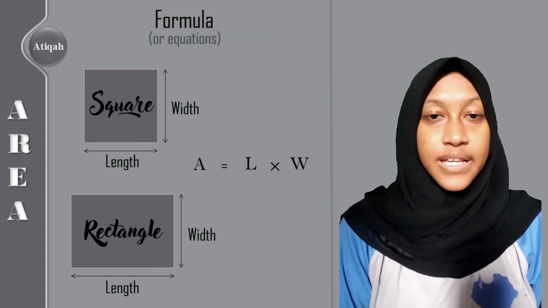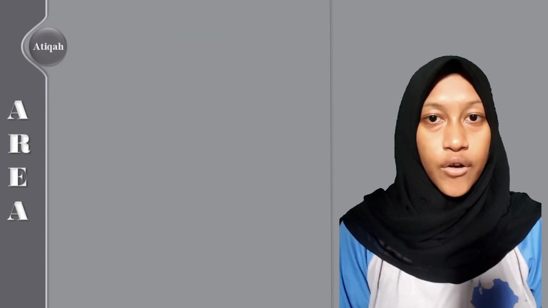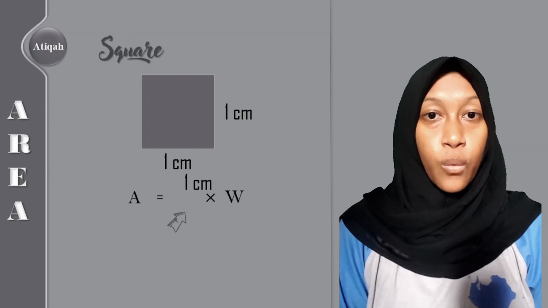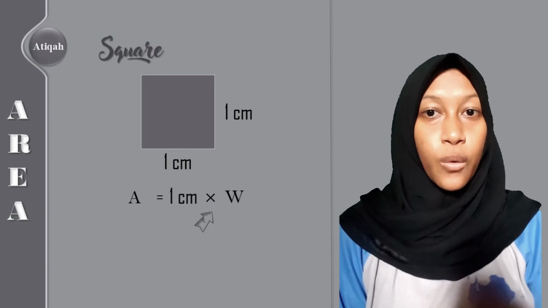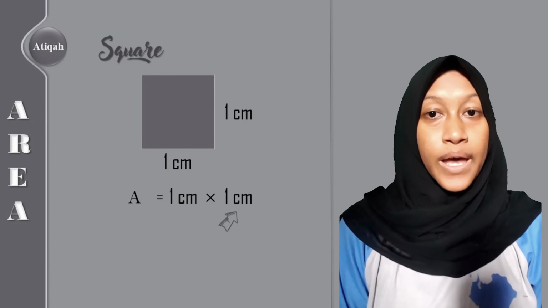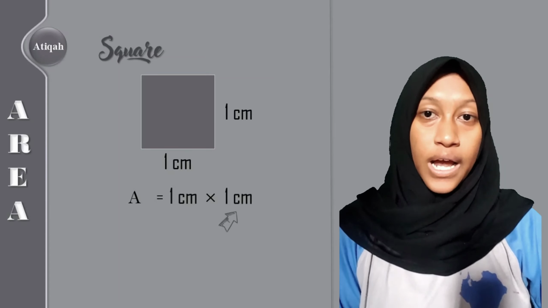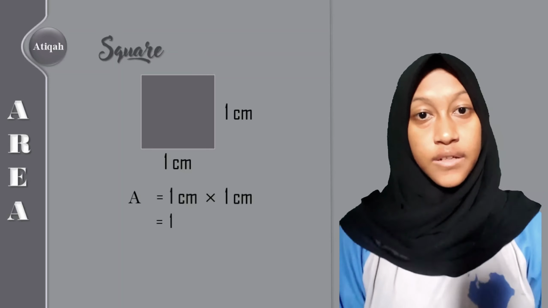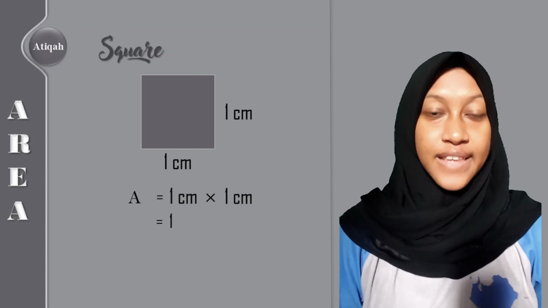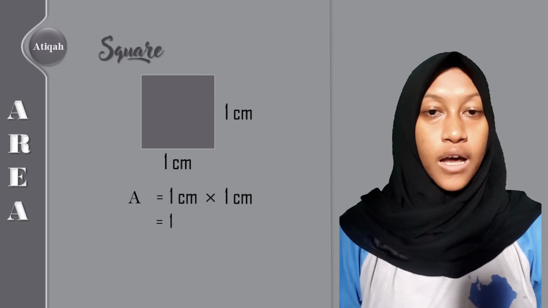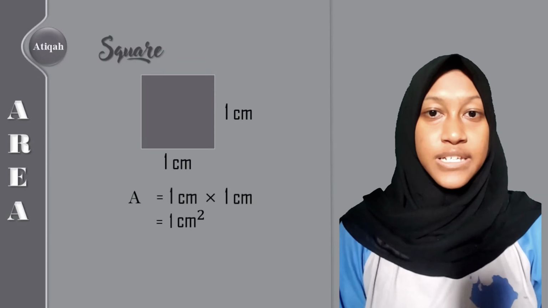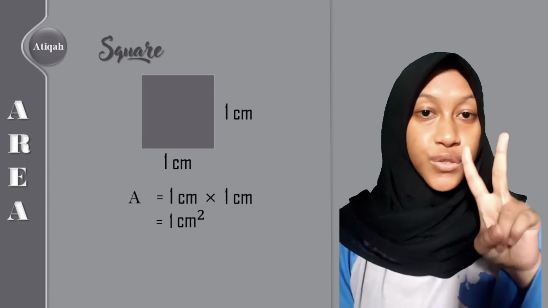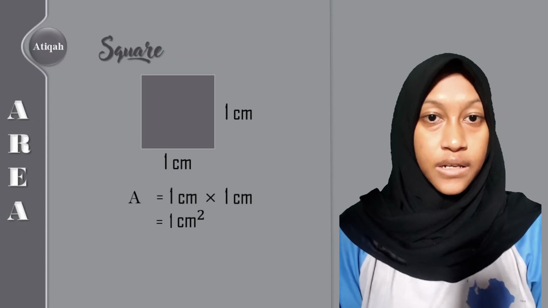So let's see if the formula works for our original square centimeter. If we multiply the length, 1 centimeter, times the width, 1 centimeter, well, 1 times 1 is just 1. But what about centimeter times centimeter? That gives us square centimeter, which we can write like this, using 2 as an exponent.